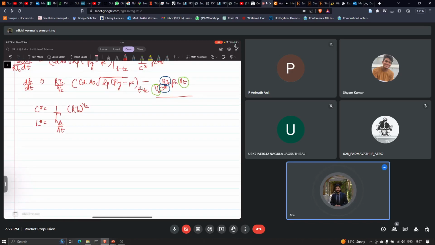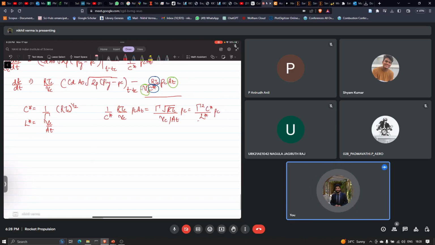We can write this 1 upon C star, RTc, Vc, Pc At, as gamma RTc divided by Pc At Pc, which will give you gamma square L square.